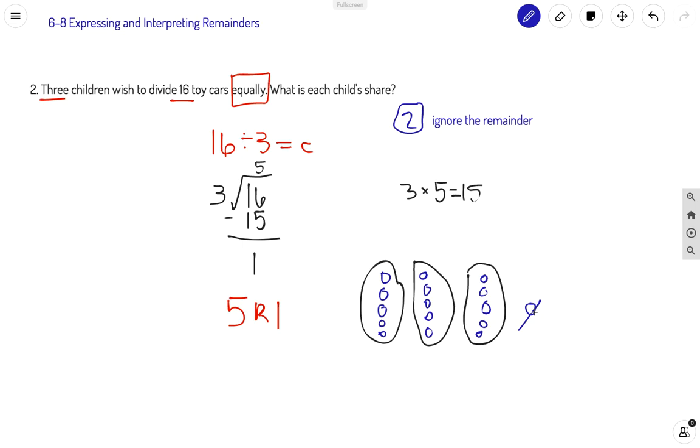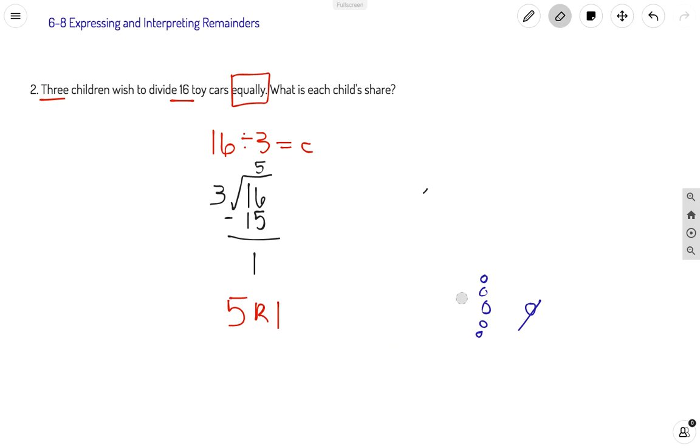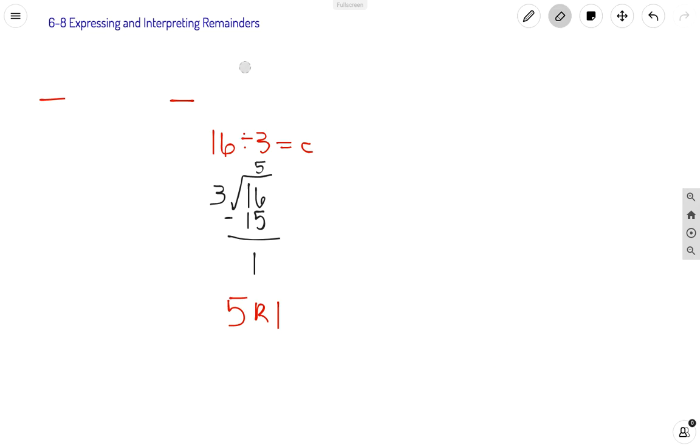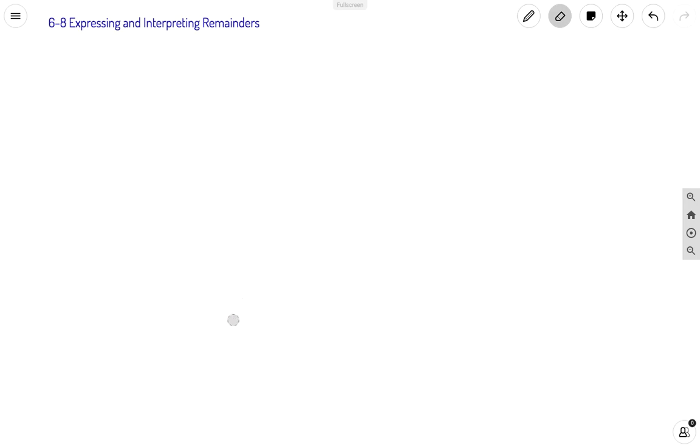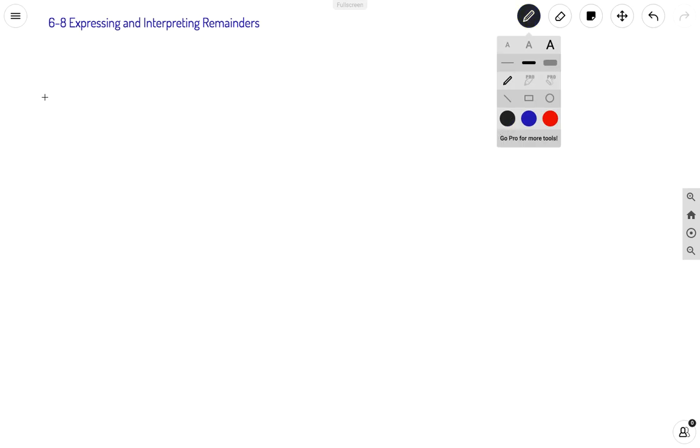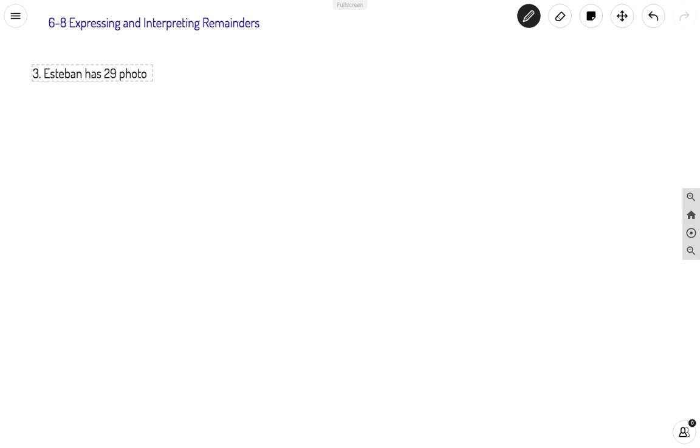Now let's look at one other strategy. So again, I'm going to erase all this and put a new story problem up for us to look at. This story problem says, Esteban has 29 photographs.